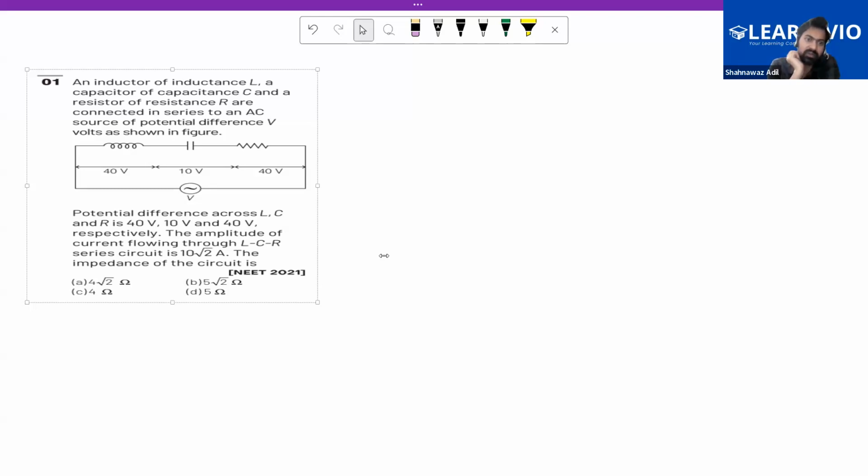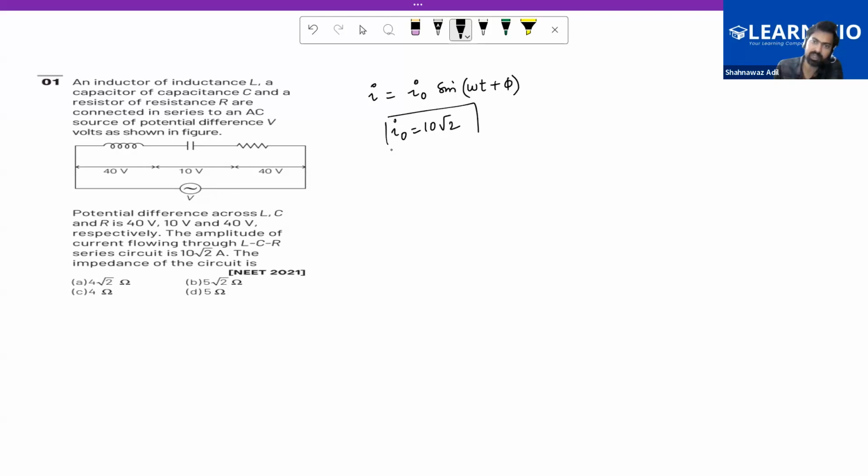The impedance of the circuit is how much? So I naught is given, right? Amplitude of the current, I naught sine omega t plus phi. This is 10 root 2. Now we have to find the impedance.